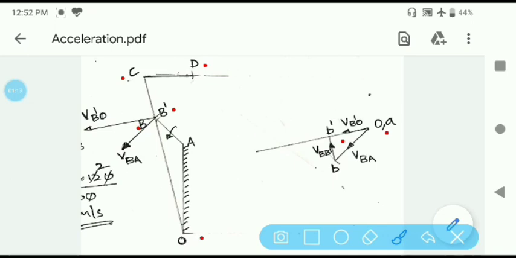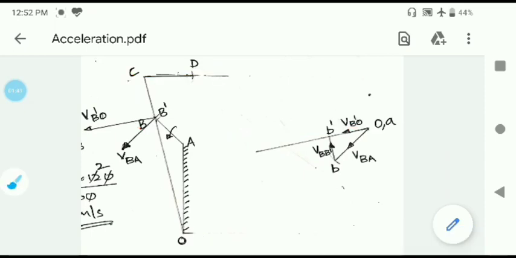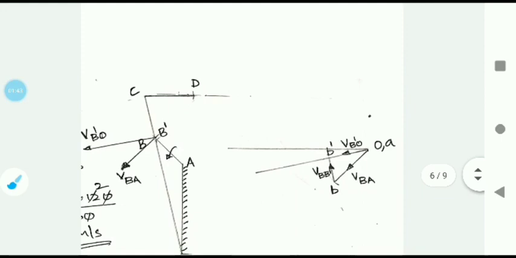As we know, the slider will move only along the horizontal, and its motion will be with respect to the fixed point. So from the fixed point OA in the velocity diagram, you draw a horizontal line. If you want, you can extend this line on either side of OA. That is what I have done here.